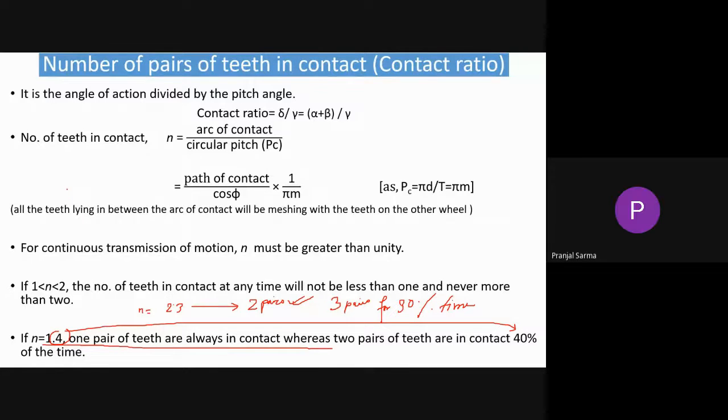What will be the meaning of 2.5 then? N equal to 2.5. Sir, the 2 points will be always in contact. And what?